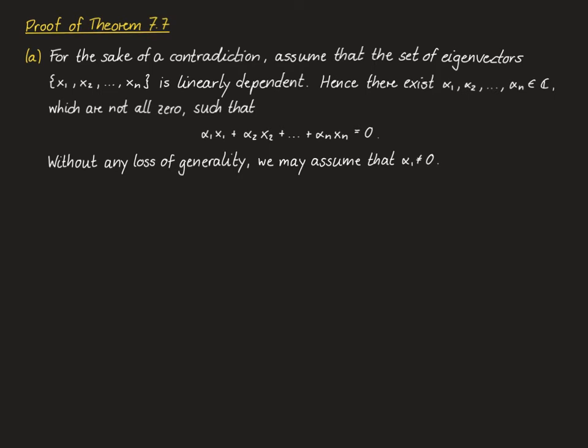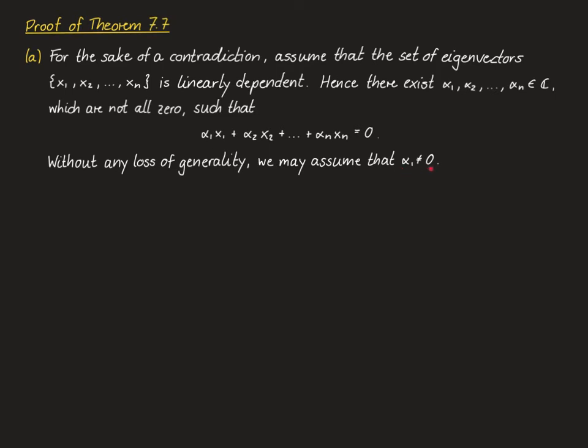Because at least one of the scalars, alpha 1 through alpha n, is non-zero, without loss of generality, we may assume that alpha 1 is non-zero. And that's because the ordering of the eigenvectors x1 through xn is arbitrary, so we may always reorder those eigenvectors such that x1 is the one that carries the non-zero scalar.